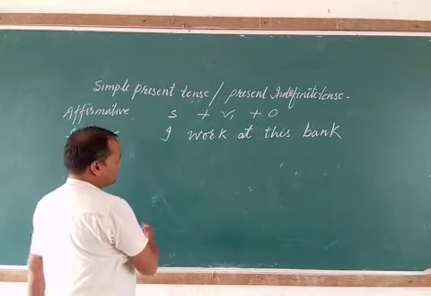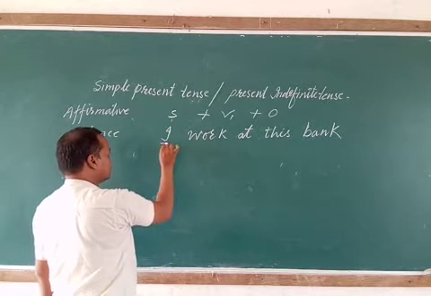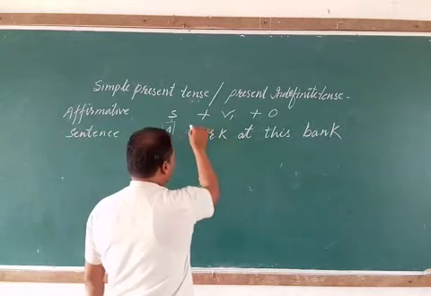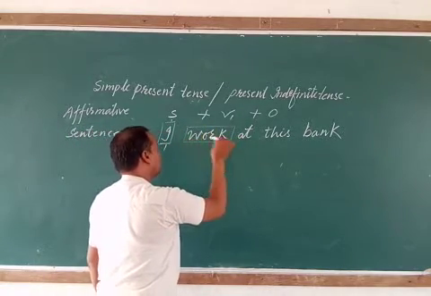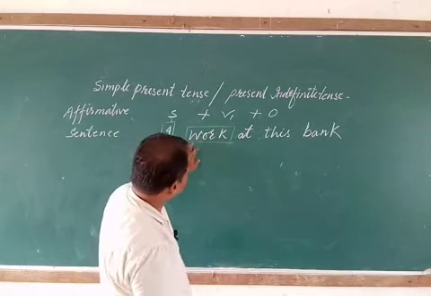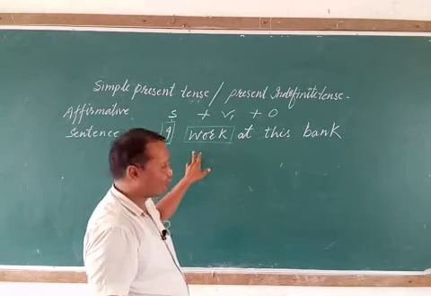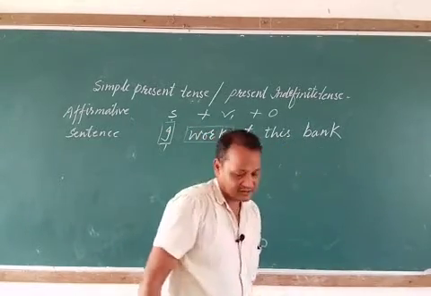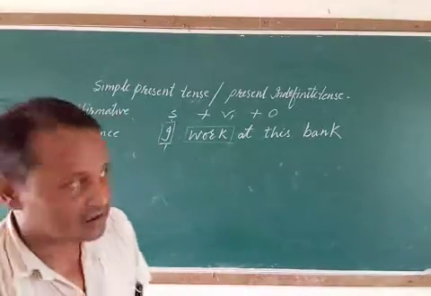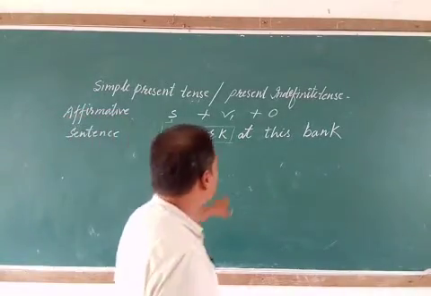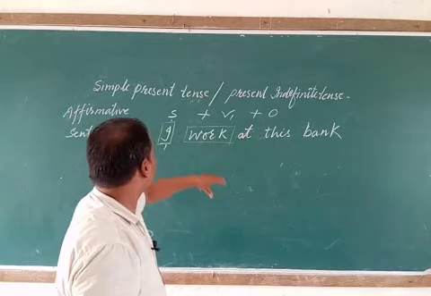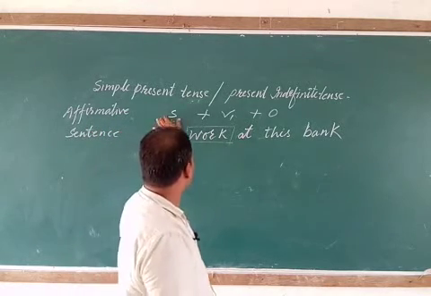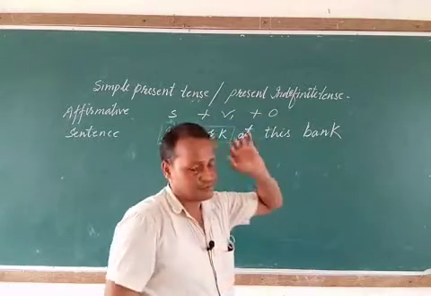So here you can see I is the subject, and work is the verb of the sentence, and it is in its base form, its first form, and at this bank, these words are called phrase. So these are the other words. So the structure of affirmative sentence in simple present tense would be subject plus first form of the verb plus object.